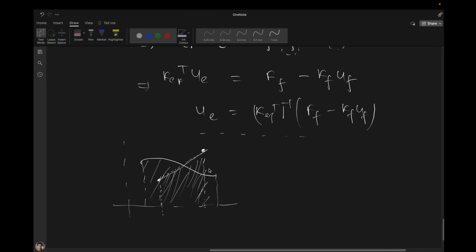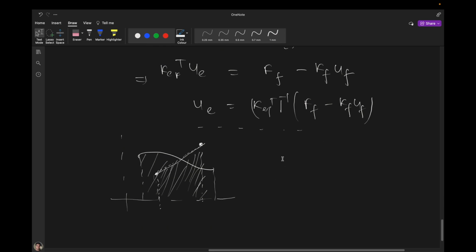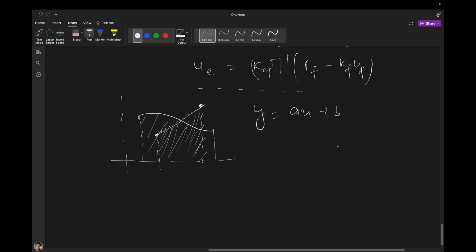That is the logic. Suppose you are taking a linear function like y equal to ax plus b, and the area will be something like this.